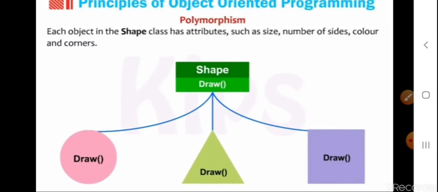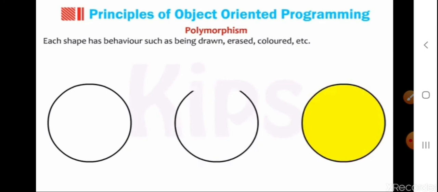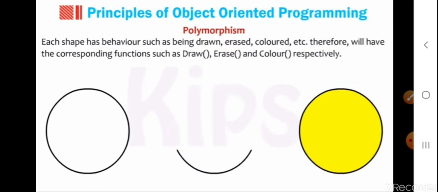Each object in the shape class has attributes such as size, number of sides, color and number of corners. Each shape has behavior such as being drawn, erased, colored, etc.